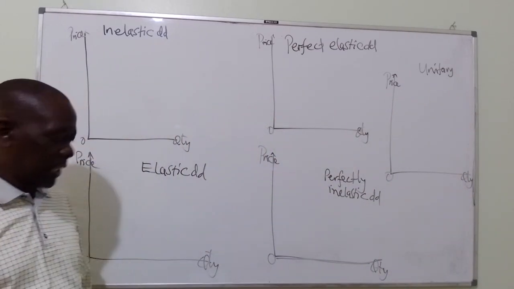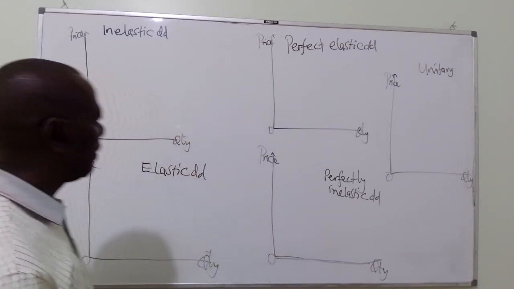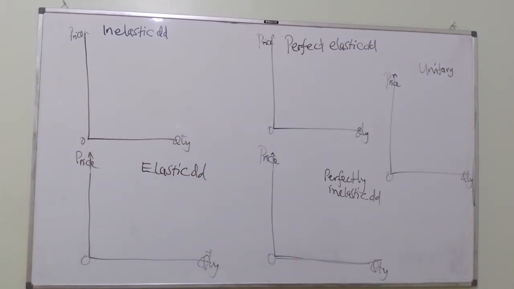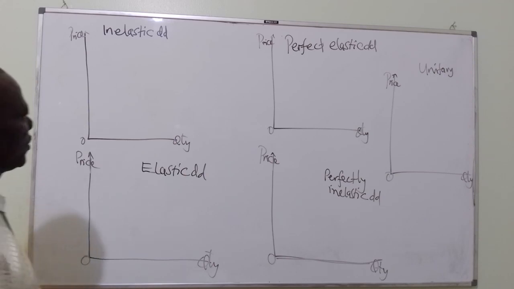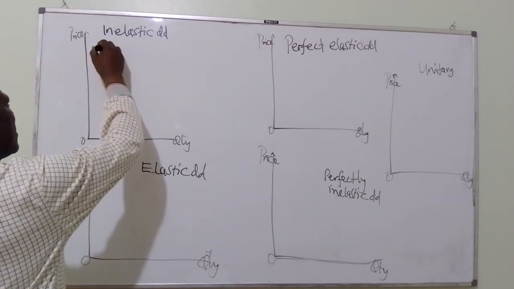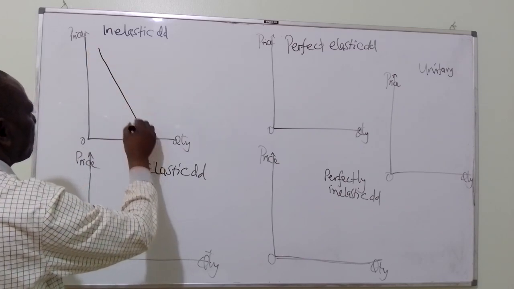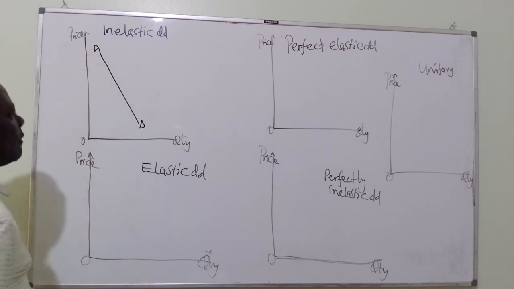So those are the labelings. Now we have to put in the diagrams, to put in the curves which are supposed to represent this. Inelastic demand, you will find that it is that kind of demand.